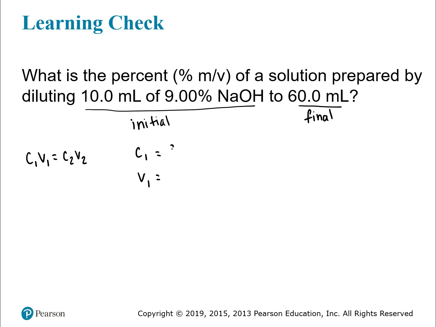Our initial concentration is 9%, and our volume is 10 milliliters. The question is asking what is the percent, so we don't know what that is. That's what we're solving for. And our final volume is going to be 60 milliliters. Again, we're looking for C2. So I'm not going to write out how I do it, because I just did that on the other slide.